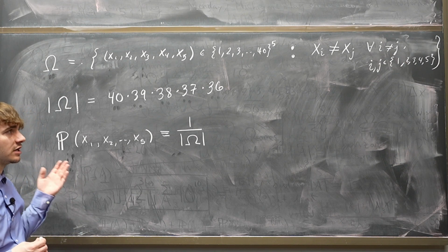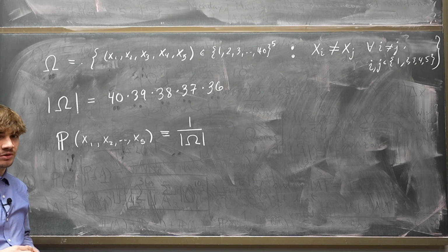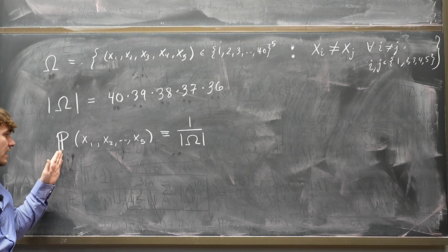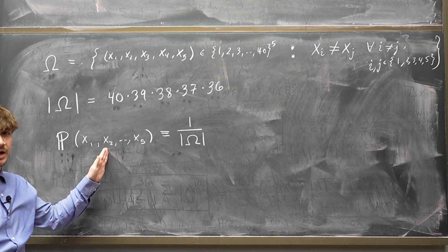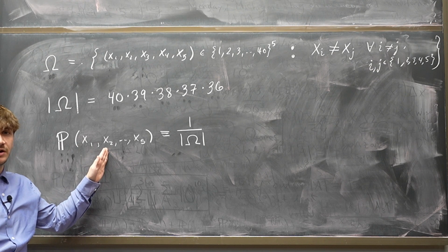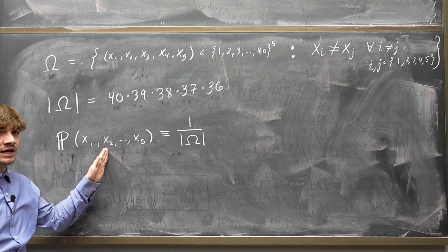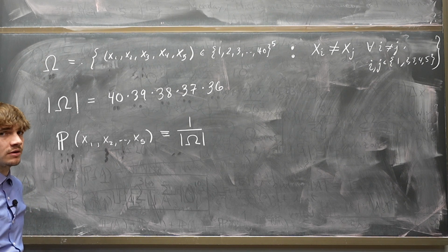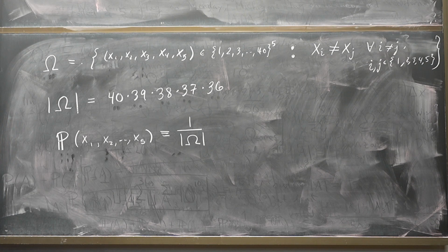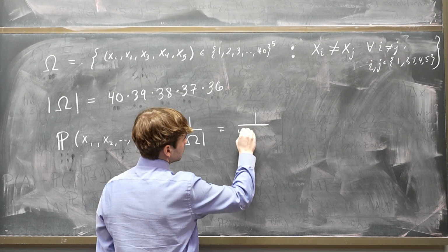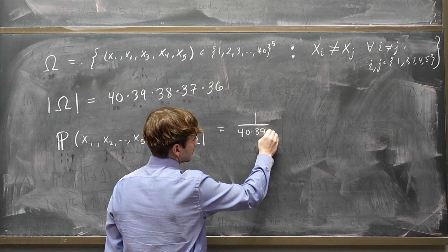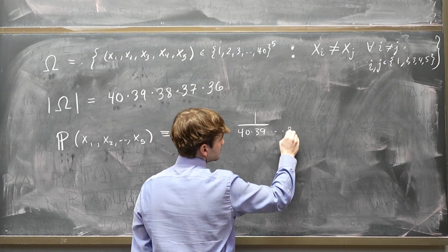So if you return to exercise 1.1, you can review the axioms of probability measures and recognize that for a finite sample space, if I specify the probability of each outcome in that sample space, that's completely enough to fully specify the probability measure on the total space. Okay. All right, and so this gives me my probability, and just to be clear, this is 1 over 40 times 39 times 38 times 37 times 36. Okay.